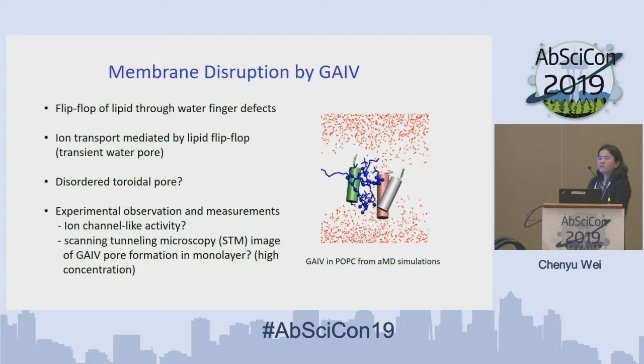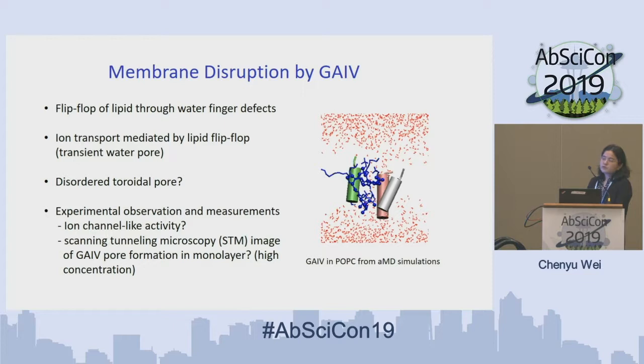So we found that actually it is not just the oligomer structure that has this ion channel-like behavior. The lipid can also be induced to have a flip-flop motion across the membrane. Due to the water defects induced by this short peptide, the head group of the lipid can go through a flip-flop process, going from one side of the membrane to the other side.